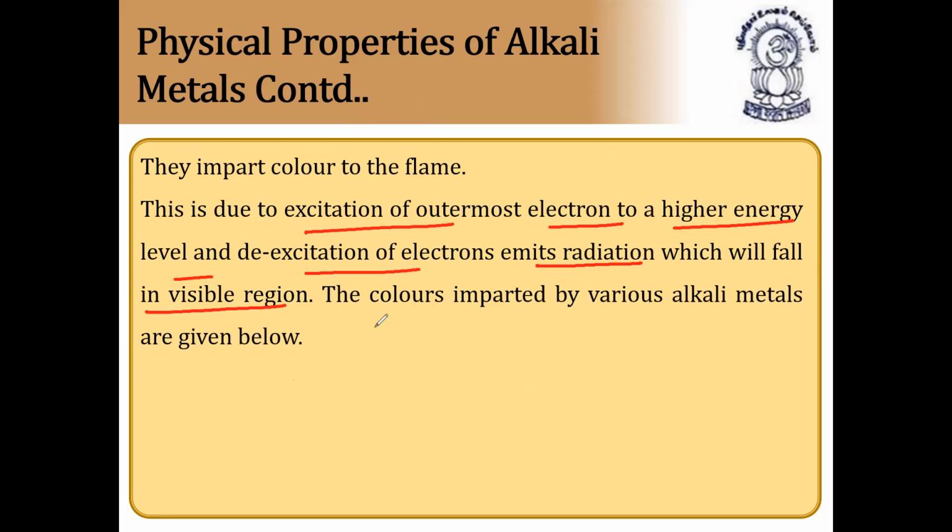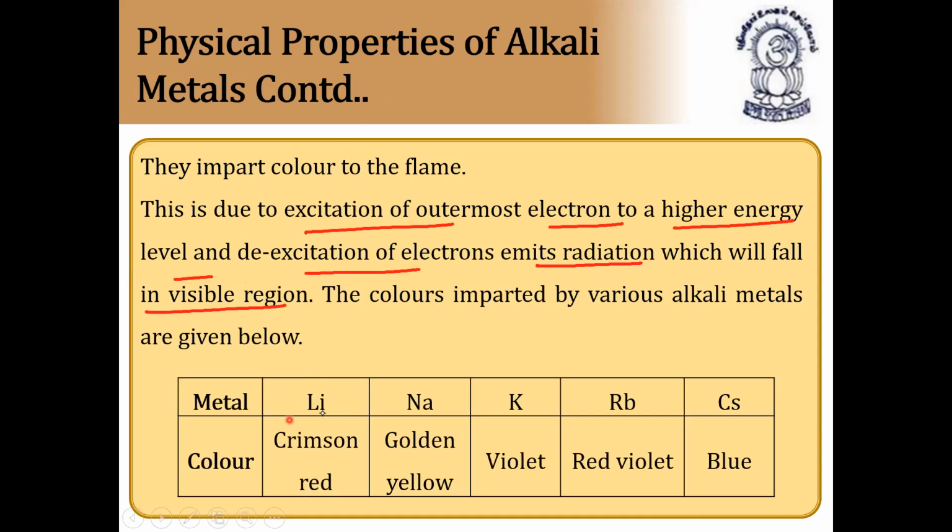So as the electron goes up to a higher energy level, then it starts falling down, and this de-excitation of electrons emits radiation. While falling, they emit radiation in visible region. So the colors imparted by various alkali metals are given below. So you can see the colors. It's very, very important. They'll ask in the exam. So what is the color of lithium flame? So they give color to the flame.